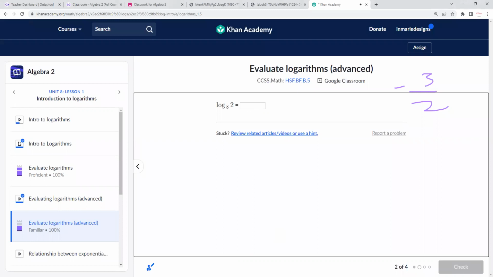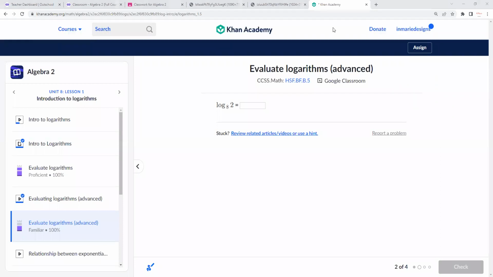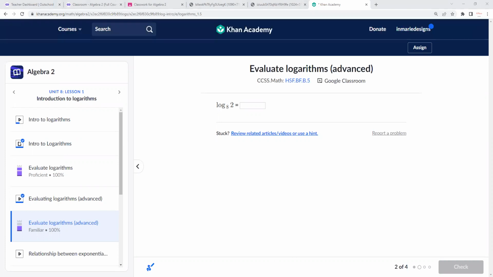Okay, 8 to the what power gets you 2? Let's see. Well, the cubed root of 8 is 2.